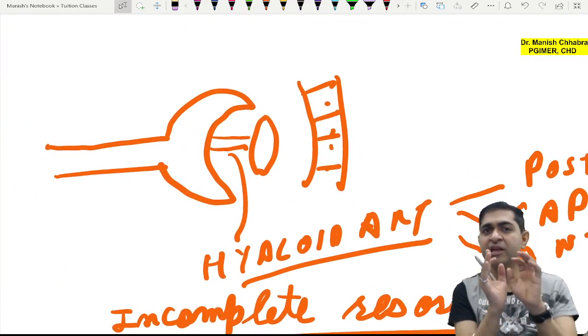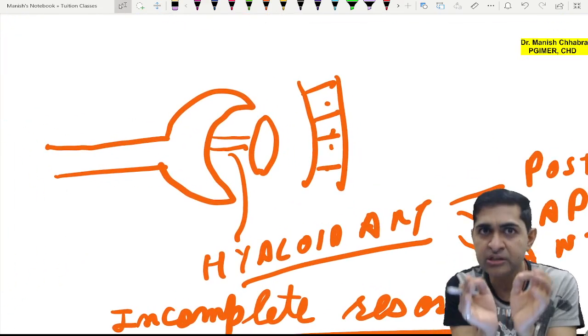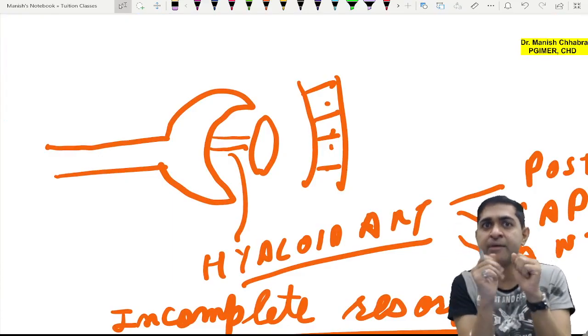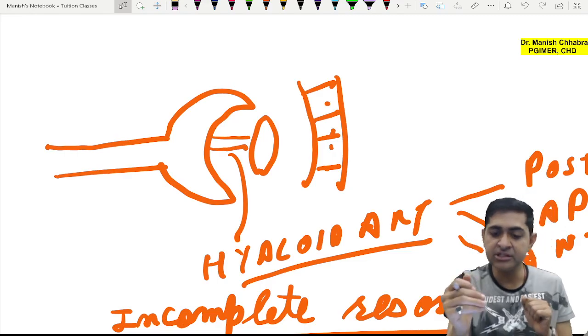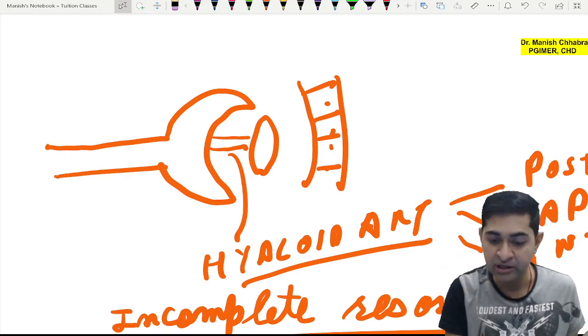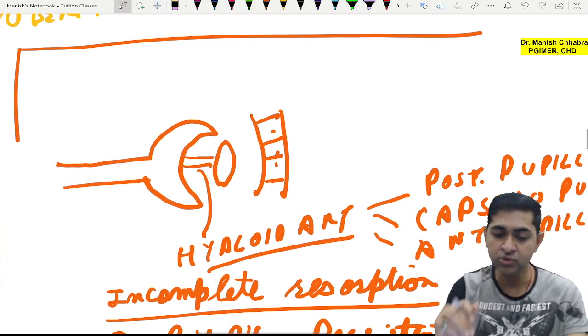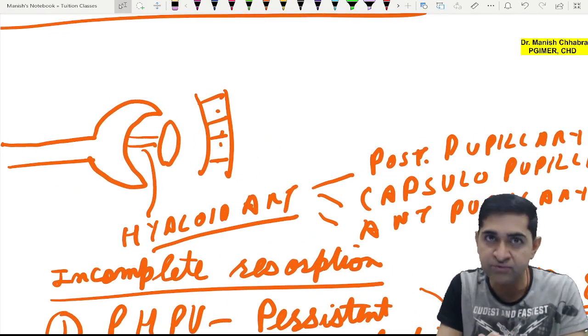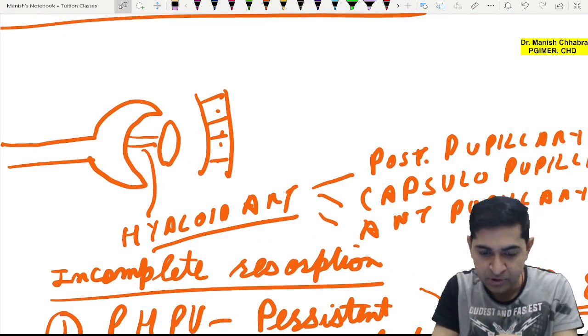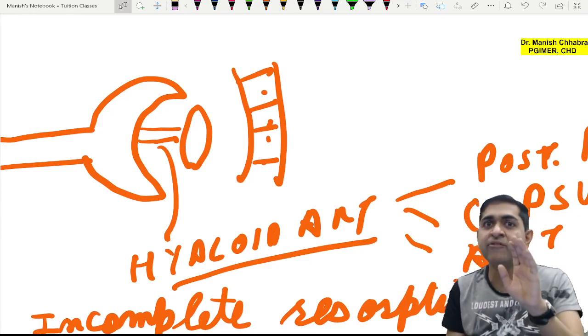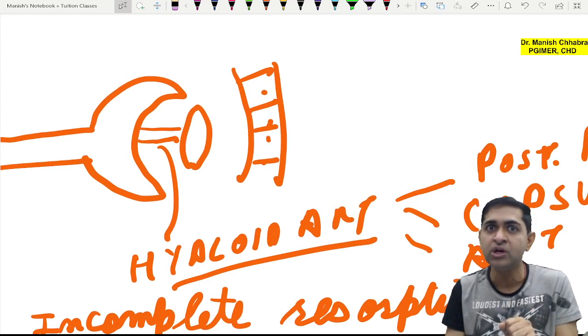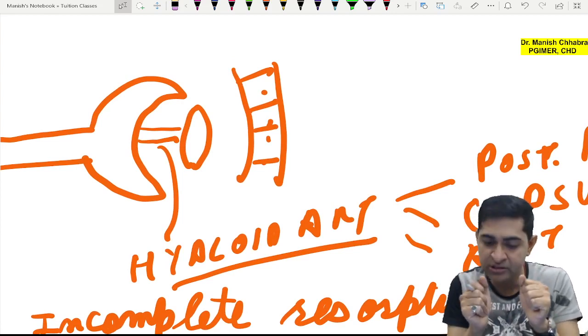Now we have done what happens around the ciliary body and around the iris, and there is your cornea. Now coming over to how the cornea is formed, please focus. We have read about the layers of the cornea, so it will be very easy for you to connect the dots.